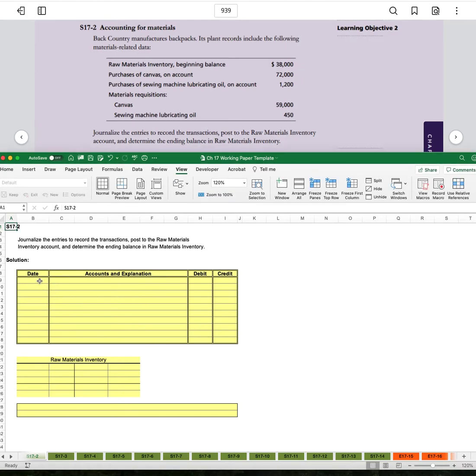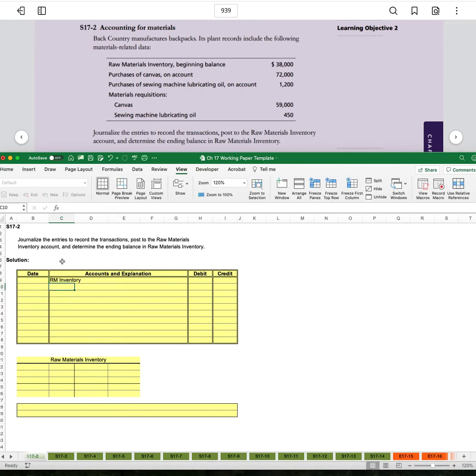So we'll start out first with journalizing the transactions. And so we're going to start with our purchase of the raw material, which we had two, canvas and sewing. And so that's going to be a debit to our raw, I'm just going to abbreviate RM, raw materials inventory.